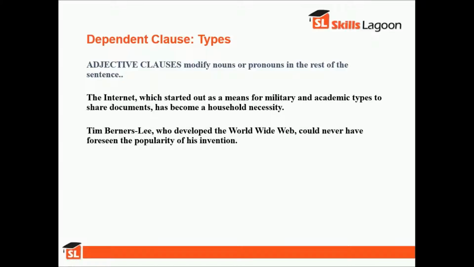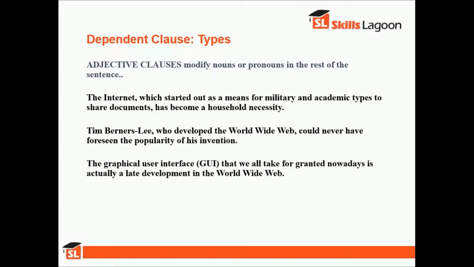Next, Tim Berners-Lee, who developed the World Wide Web. Who developed the World Wide Web is a subordinate clause, and it is modifying Tim Berners-Lee. It tells something about Tim Berners-Lee. And the main clause is Tim Berners-Lee could never have foreseen the popularity of his invention. The graphical user interface that we all take for granted nowadays is actually a late development in the World Wide Web.